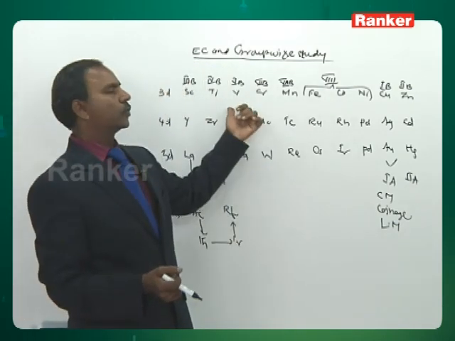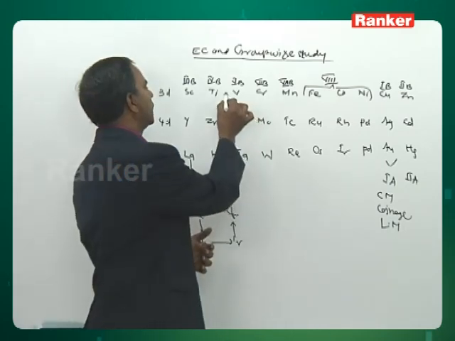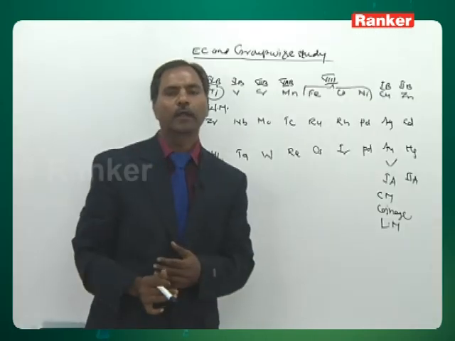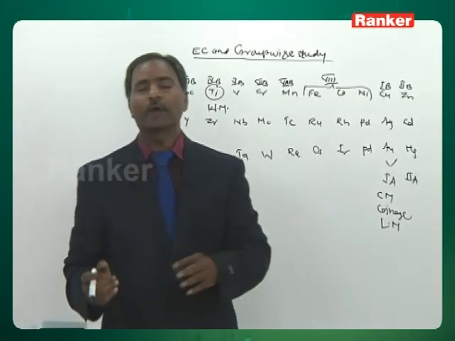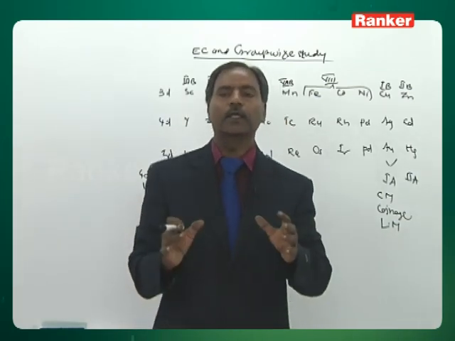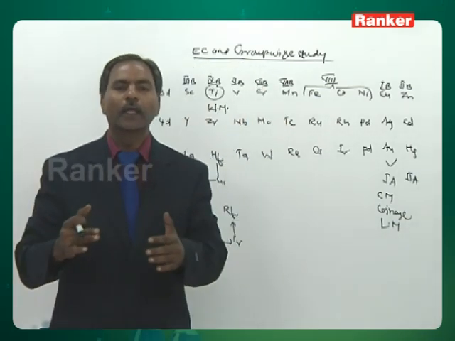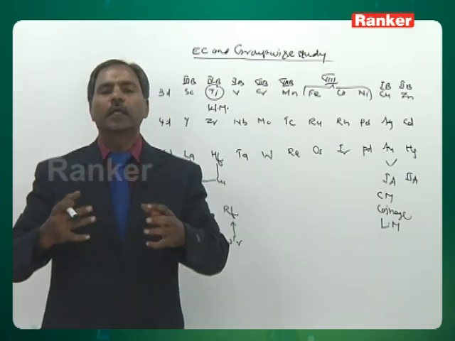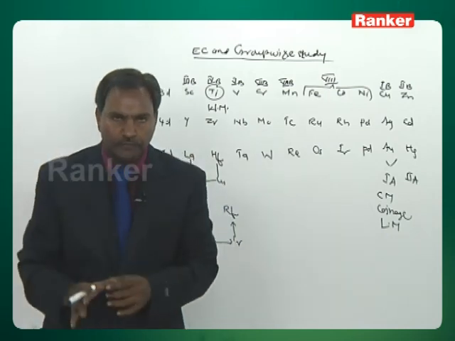In the case of fourth B group, titanium is commonly known as wonder metal. Why is it known as wonder metal? Because it has some unique properties. Its melting point is very high, and it is a very hard metal.